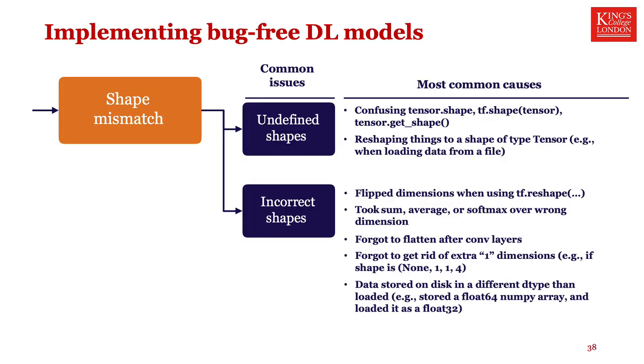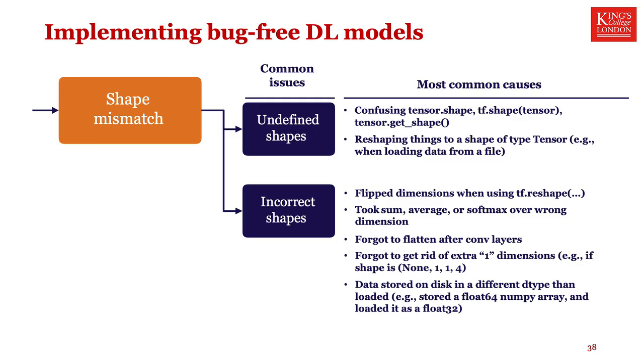Within the shape mismatch section, there's two types of common issues, the undefined shapes and the incorrect shapes. Depending again on the package that you use, undefined shapes can happen due to confusions, for example, between the different ways to obtain the shape of a tensor and the way you reshape the tensor itself, which can leave the tensor itself with an undefined shape. But you might also have incorrect shapes of the tensors themselves.